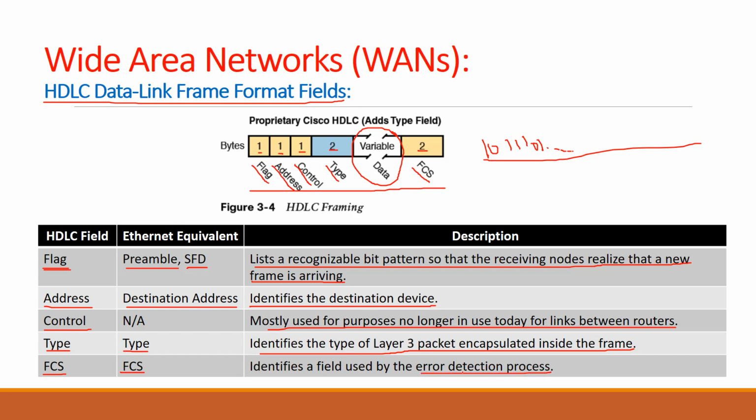And we described the function of the frame check sequence: when a receiving node receives a stream of bits, it can use the trailer bits to determine whether an error occurred or not. So it's used for error detection purposes.